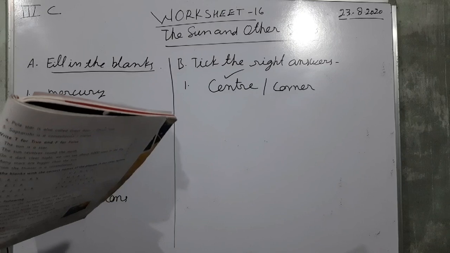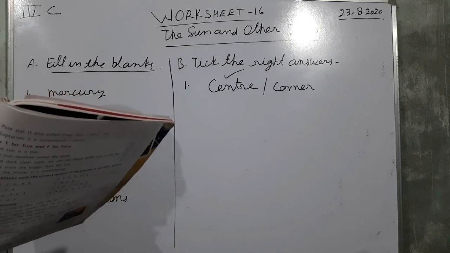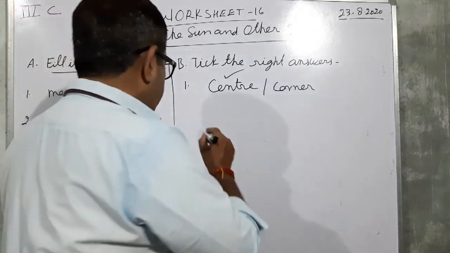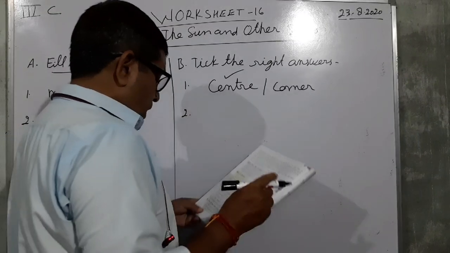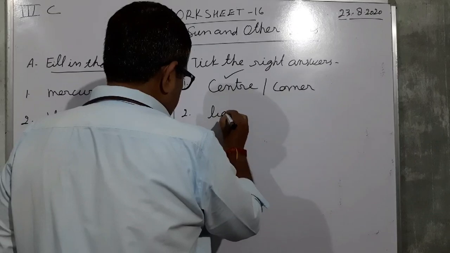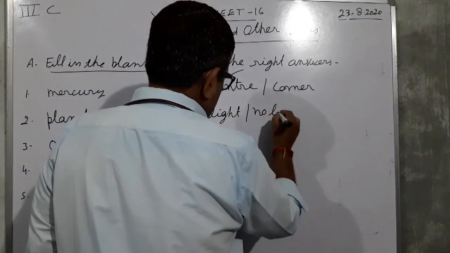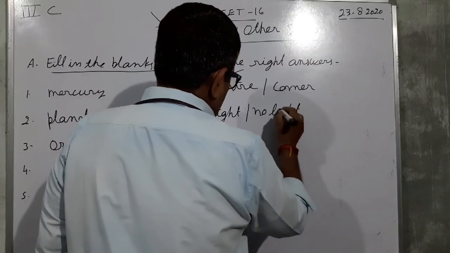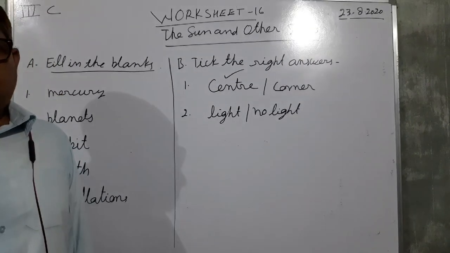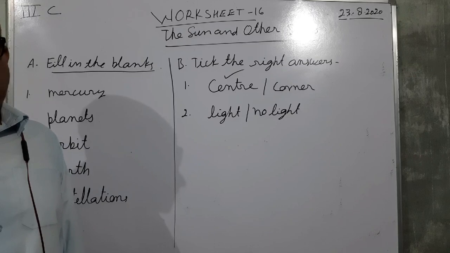Now next you see, all planets have light or no light of their own. You know that planets do not have light.